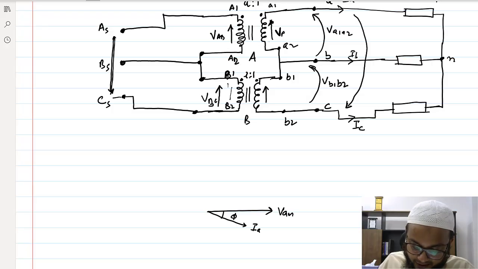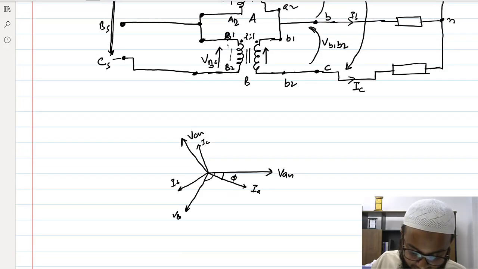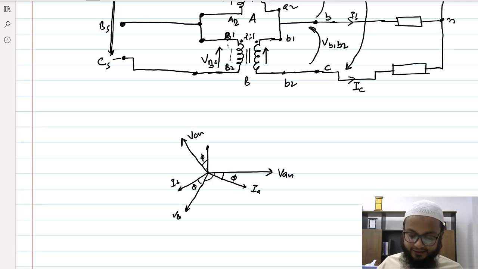What about VBN? So VBN would be 120 degrees displaced to VAN, and this would be IB. And what about VC? VCN would be this, and IC would be somewhere here by an angle of phi here, because the load is also balanced.